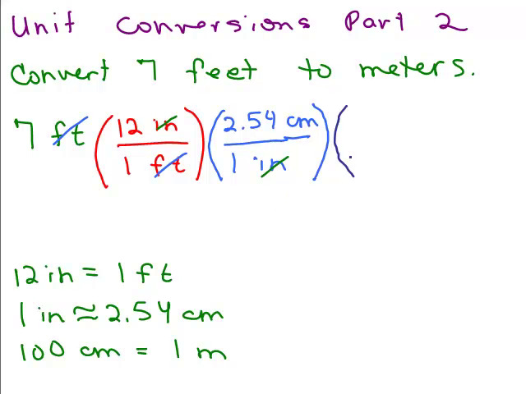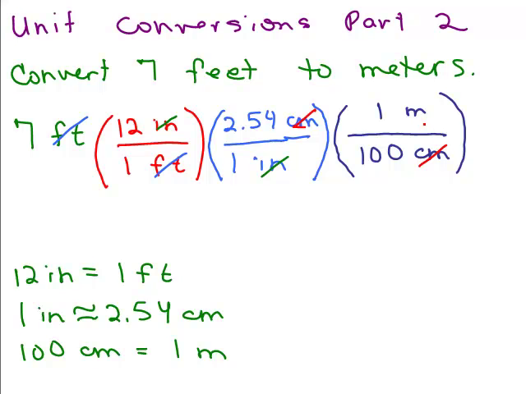So let's say I want the centimeters to cancel out. So I could put 100 centimeters in the denominator and 1 meter, that's the same thing as 1 meter. And by doing all that, if I cancel out the centimeters, I can see my final answer, I started out with 7 feet, right? Will be in meters.